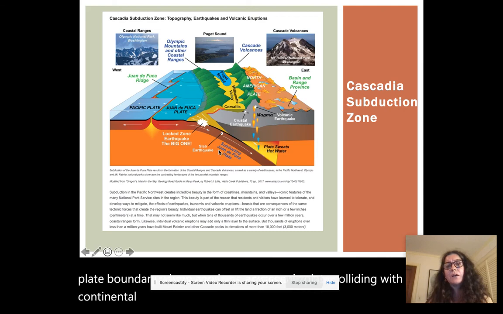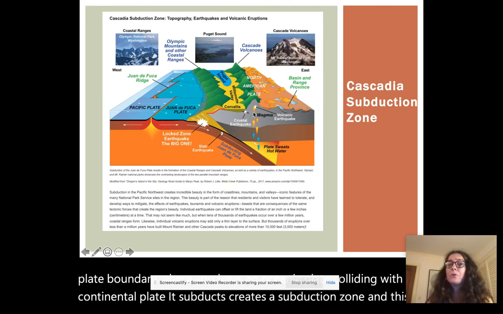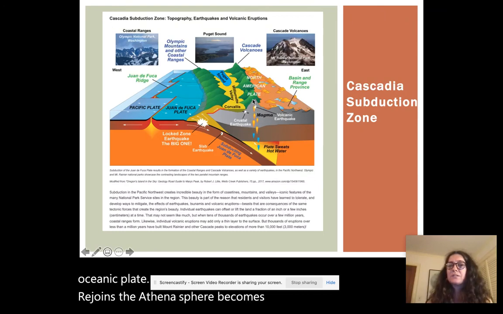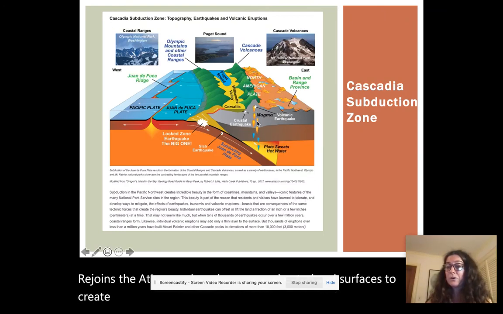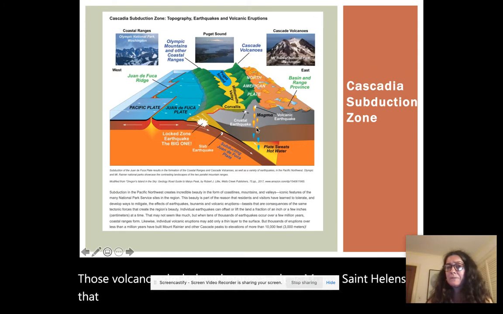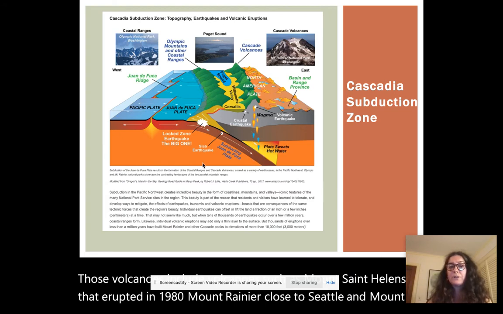It subducts, creates a subduction zone, and this oceanic plate now rejoins the asthenosphere, becomes reheated, and surfaces to create the Cascade Volcanic Mountain Range. Those volcanoes include Mount St. Helens that erupted in 1980, Mount Rainier close to Seattle, and Mount Shasta in Northern California.